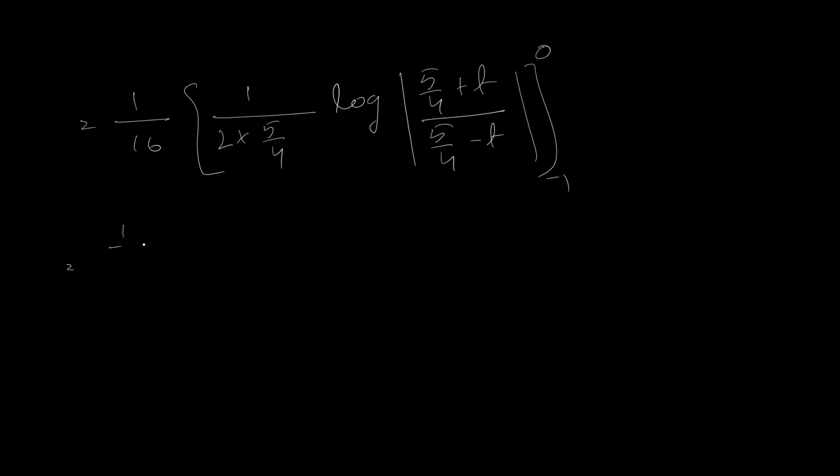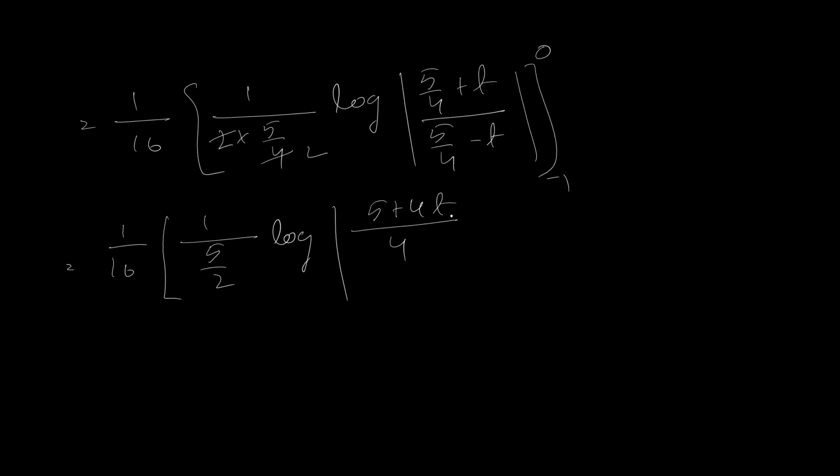So this is equal to 1 by 16, and the 2s cancel, so 1 by 5 by 2 log of (5 plus 4t) by (5 minus 4t), from minus 1 to 0.